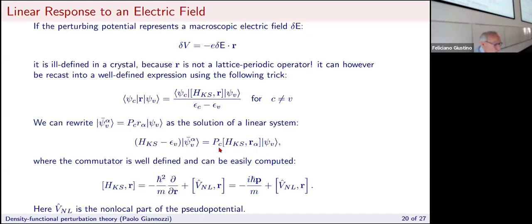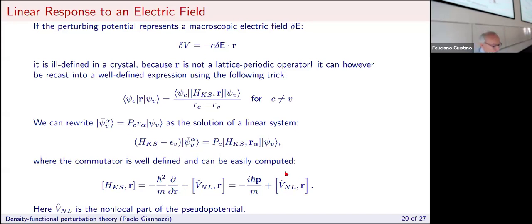Now the problem is displaced to computing the commutator of the position operator with the Kohn-Sham Hamiltonian, but this is something that is well defined and rather straightforward to compute. It's basically the operator P apart from factors, plus the commutator of the non-local part of the pseudopotential, in case the pseudopotential is non-local.